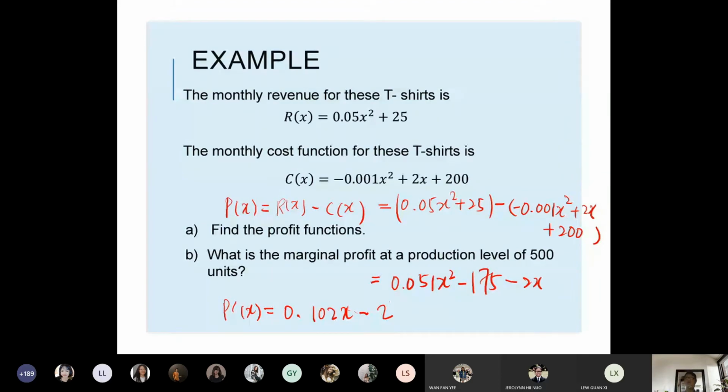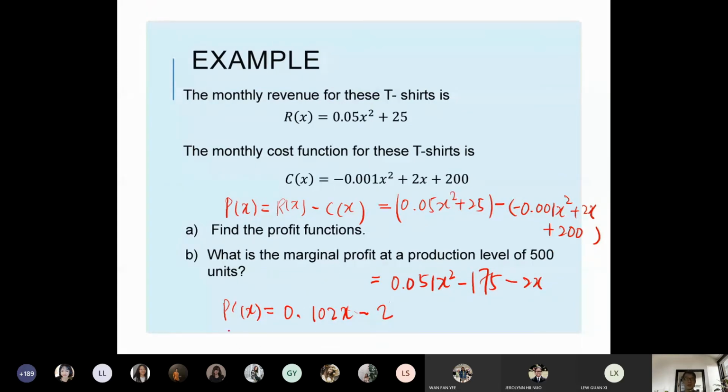It should be negative 2. Let me check first. So it is 0.051x squared minus 2x. Negative, correct.